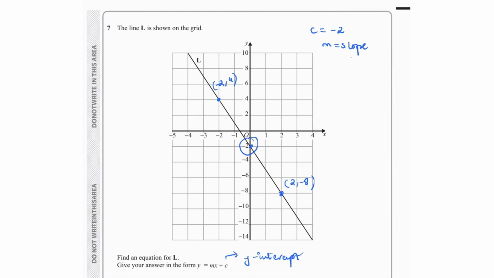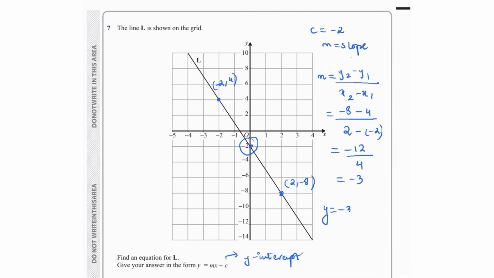So for the slope, we can either use rise over run or the formula, which is y2 minus y1 over x2 minus x1. y2 is going to be -8, y1 is going to be 4, x2 is going to be 2, and x1 is going to be -2. That's -12 over 4, which gives us -3. So y equals to -3x minus 2.